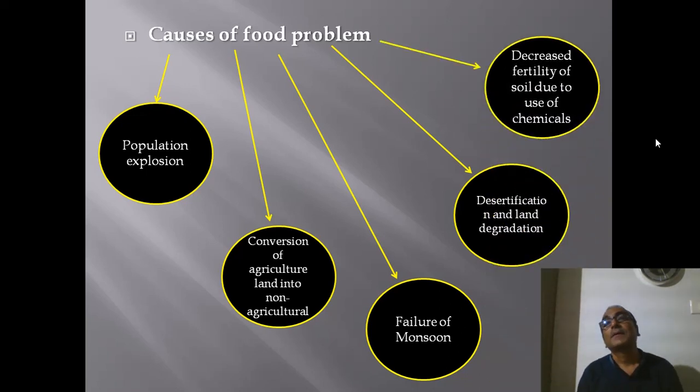And finally, decreased fertility of soil due to the use of chemicals. As part of the green revolution, chemicals like fertilizers, pesticides, weedicides and fungicides were used extensively, and that has rendered the land unfit for crop cultivation. So we say that soil fertility also declined.